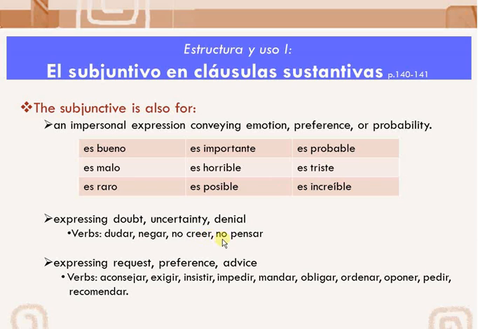You need to be very careful with these two verbs, because if you have creer y pensar in the affirmative form, it's not expressing doubt anymore; it could be your personal opinion. If I say, yo creo que Dubuque es una ciudad bonita, it's my personal opinion. But if I say, no creo que, I'm expressing doubt.